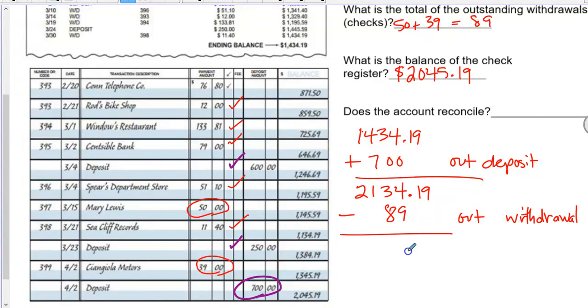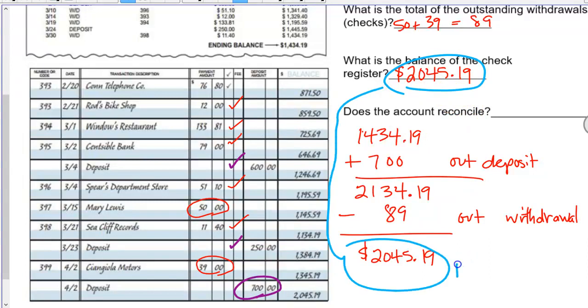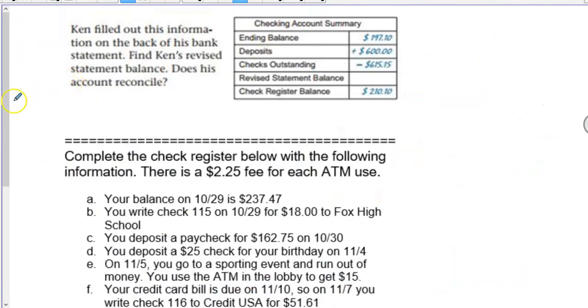And so when we subtract those, we get $2,045.19. So again, do these match? Yes. So this and this down here, those match. So does the account reconcile? Yes.